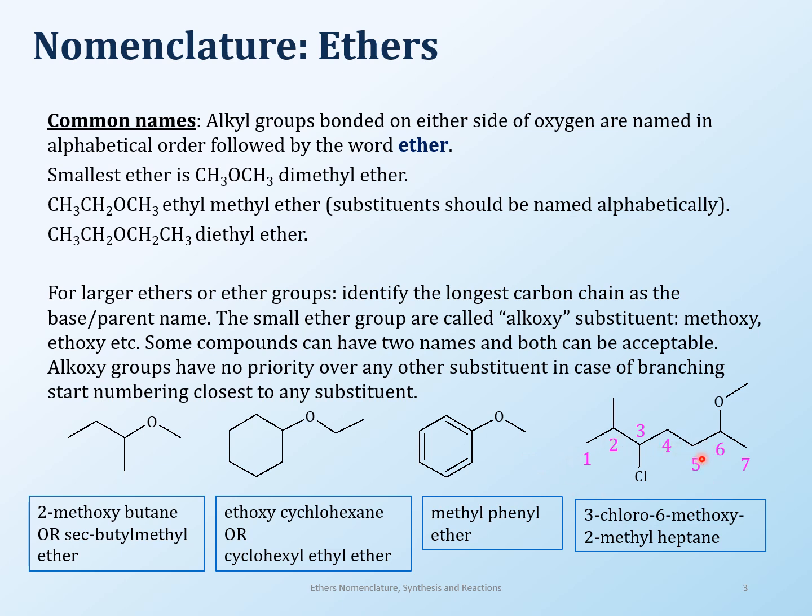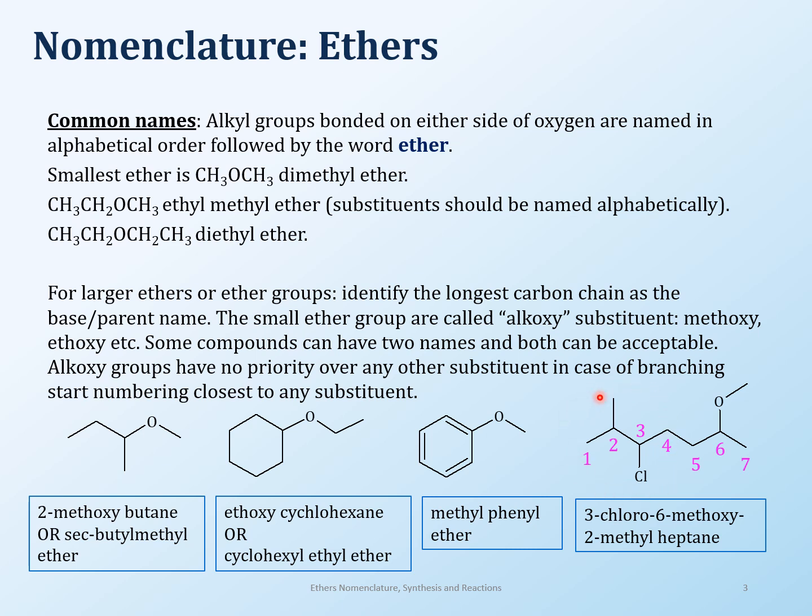And then here I've put numbers on so that you can see because it's a long chain. Here the main thing that I wanted to show you is that there is no preference for ethoxy, methoxy, or any of the alkoxy groups because they are just like any other substituent. There is no priority. So what you do is, there is more branching on the left hand side, so you start numbering from here.